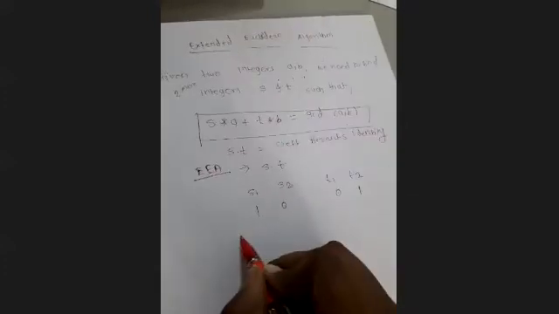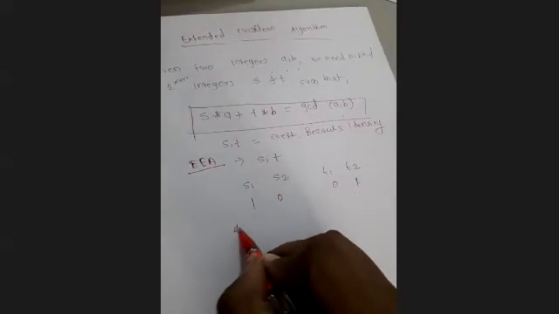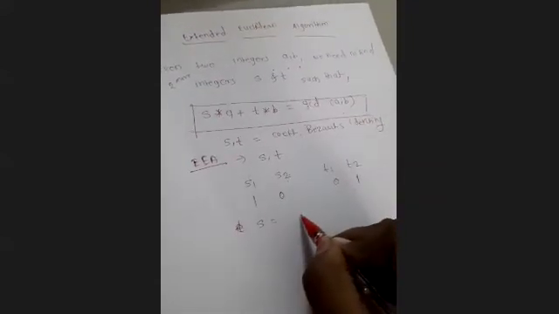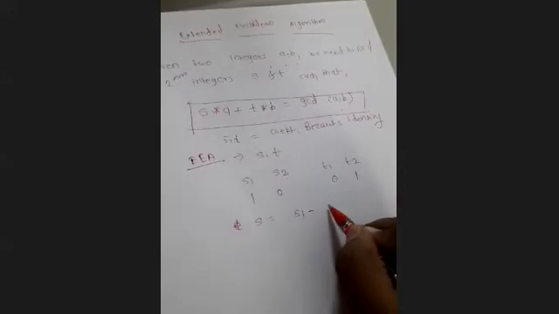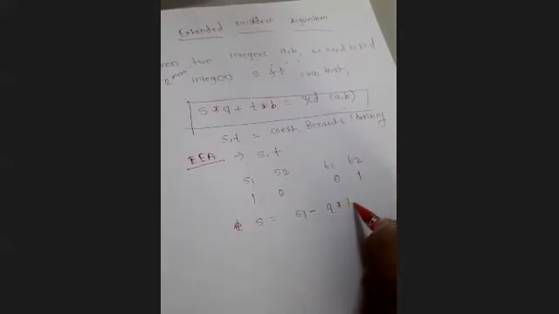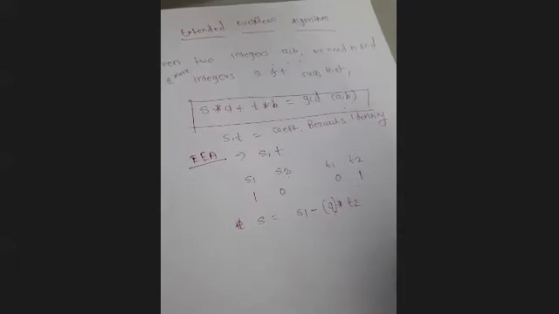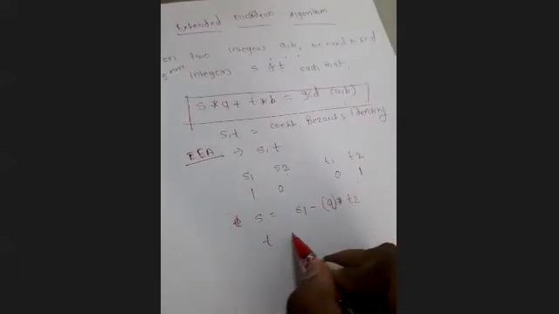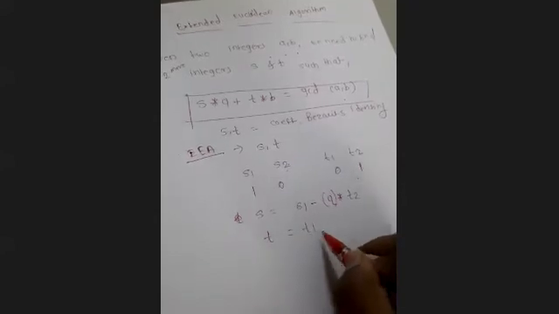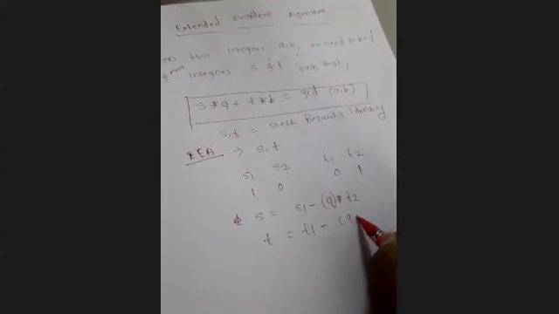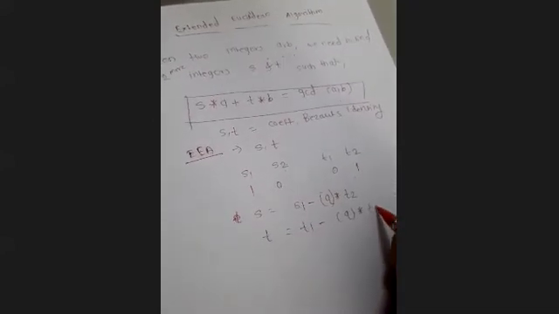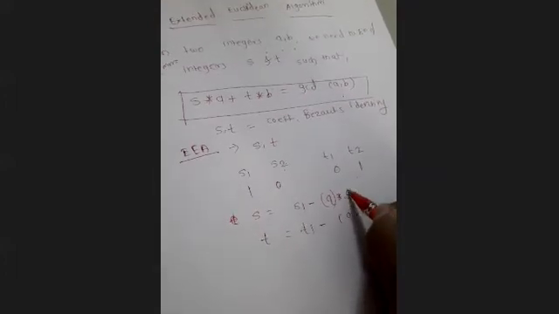And how are we going to calculate? Here first I will write S1 minus Q into S2. Same T we are going to calculate by T1 minus Q into T2.